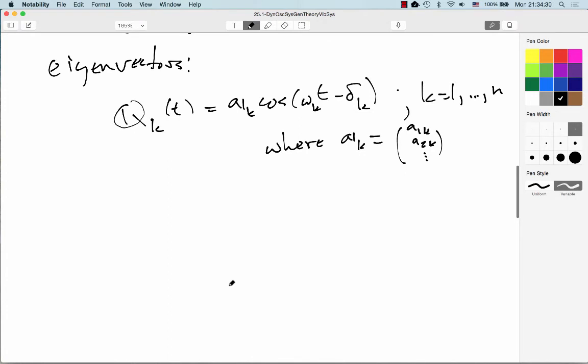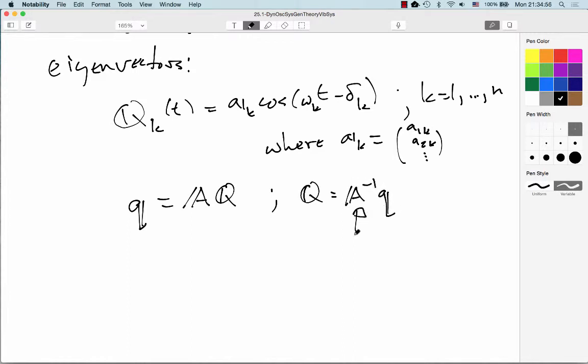All right. So we can certainly go ahead and work in a Q space with a diagonalized Lagrangian. We transform back and forth by, say, our generalized coordinates are equal to our transformation matrix A times Q, and back by doing Q equals A inverse times q, and A inverse is easy to get because it's A twiddle.